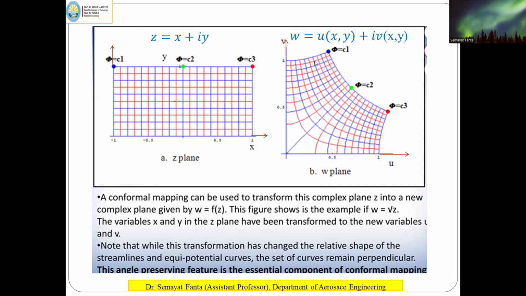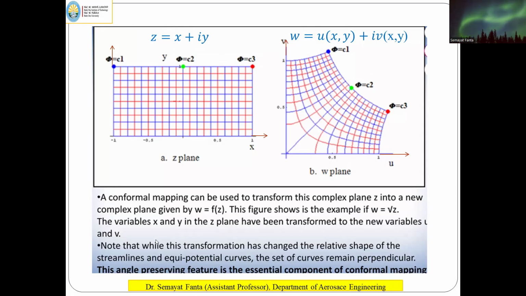Again psi equal to C2 is represented with green color, and the red color psi equal to C3 is represented likewise. We can see the shape difference, but every point indicated in the XY plane, or Z plane, will be in the UV plane, which is the W plane.